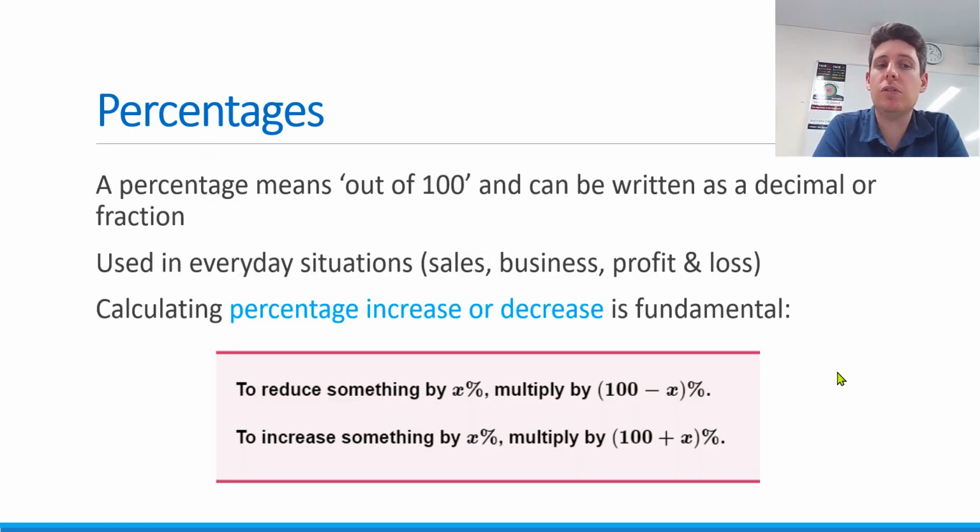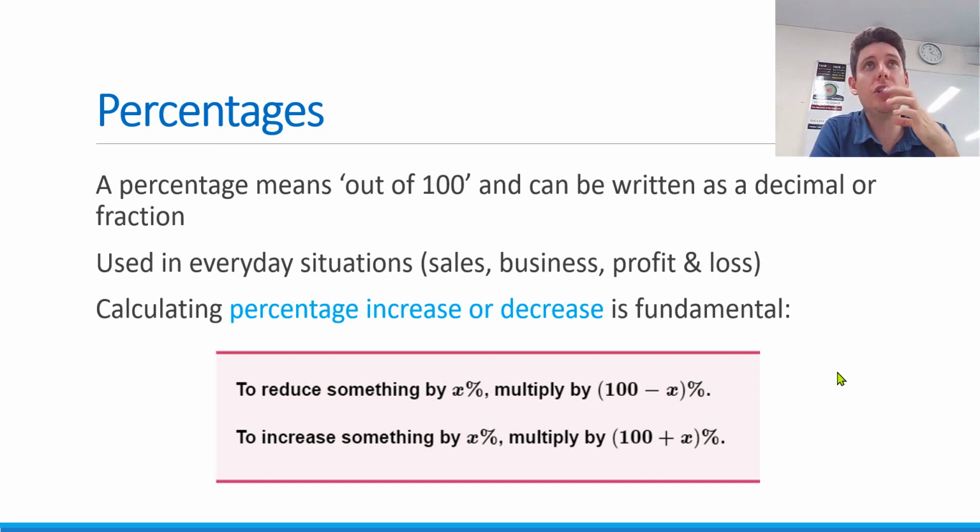Alright, you should have had a go at some questions. Now we're going to look at percentages. So percentage comes from a long way back. You may have heard of centurion, or maybe just dollars and cents. It means out of 100.